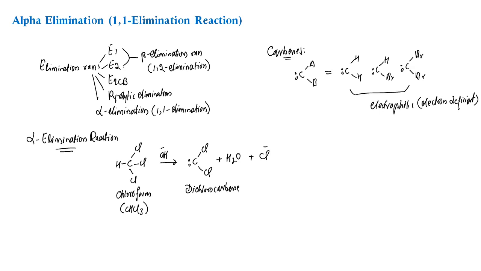Structurally, as far as their geometry is concerned, carbenes are usually sp2 hybridized.